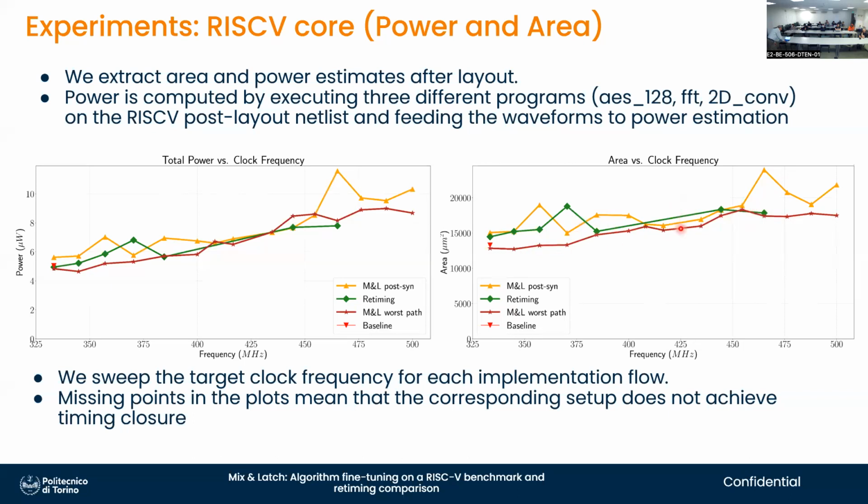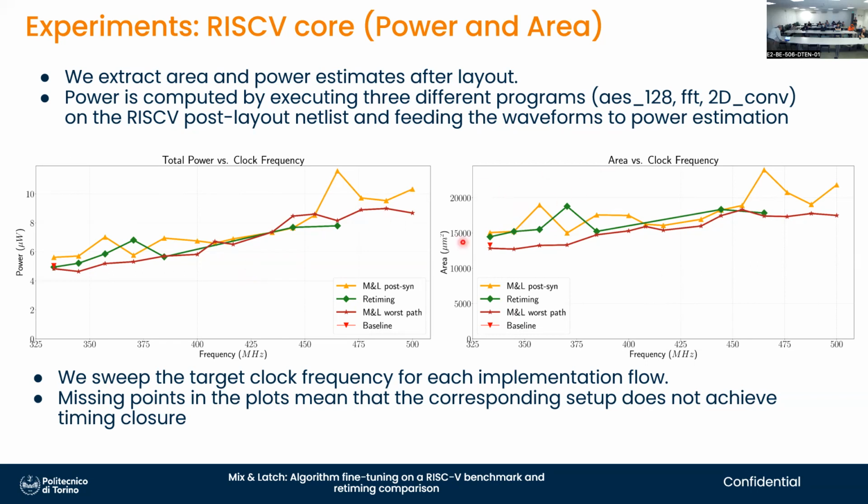Retiming is not too far, but we are always better, and we extend by quite a bit the achievable performance. And power is pretty much tracking, because everything else being equal, area is what matters, is the capacitance. Here, voltage is the same, frequency is the same, so only capacitance can change.